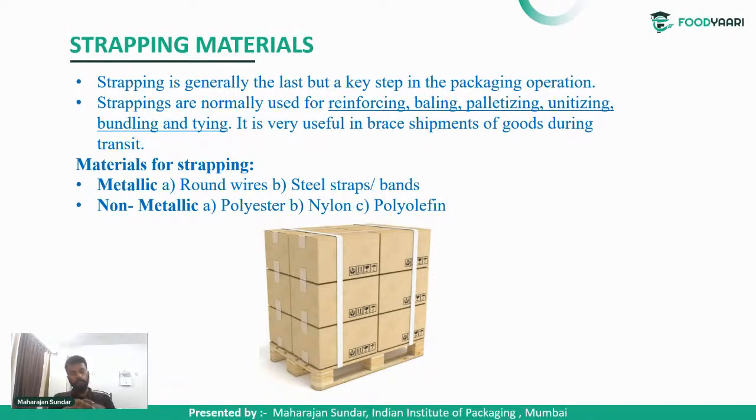What happens? As we discussed earlier, the distribution packages are held together and placed over a pallet. This is known as palletization. The palletization will be complete only when the strapping materials are put over it.